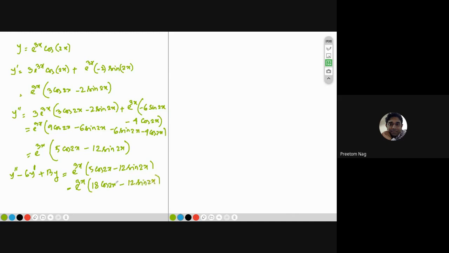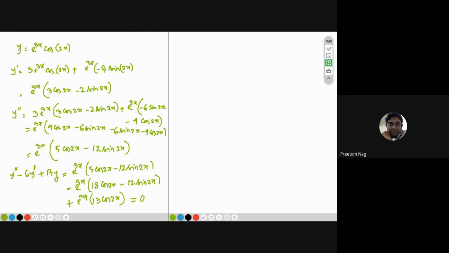Plus 13 e to the power 3x into 13 cos 2x. So we can see 5 minus 18 plus 13 is 0, and minus 12 sin 2x plus 12 sin 2x is 0. So this is the result.